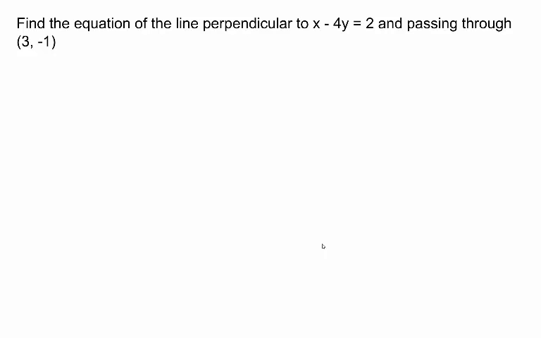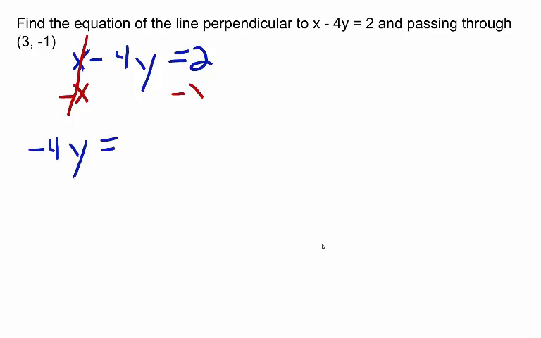Let's get started. If I have the equation x minus 4y equals 2, and I want to put it into slope-intercept form, I essentially need to solve for y. So let's do that. We'll subtract x from both sides of the equation so that we have negative 4y equals negative x plus 2.